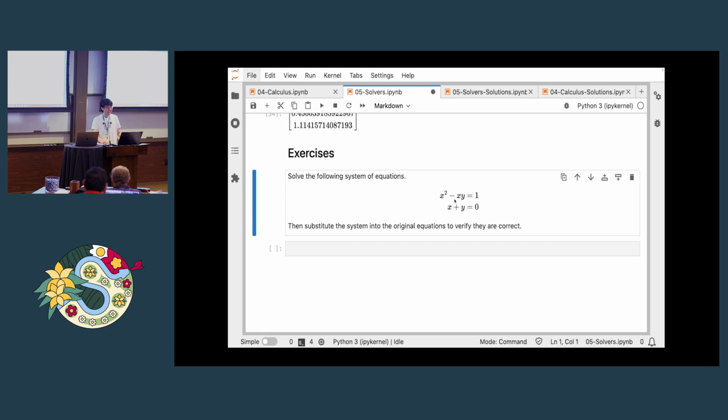Like if you want to create an identity matrix of size 10, then you would prefer using the functions. But if you want to create a matrix where the entries are not obviously functional, then you would list the entries explicitly. So yes, it's up to your preference. Okay. Any questions?